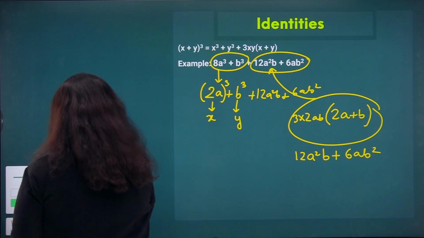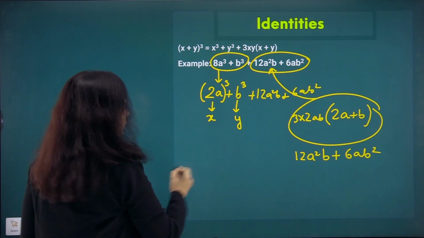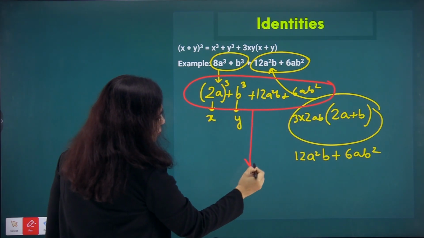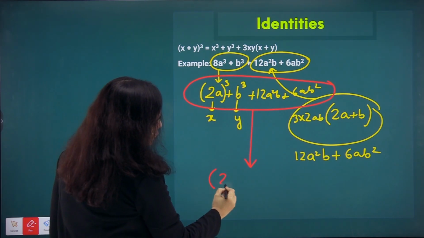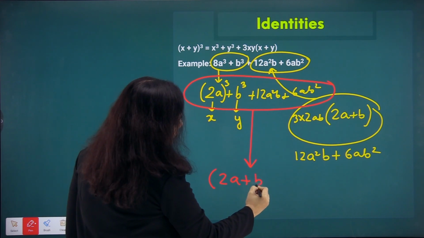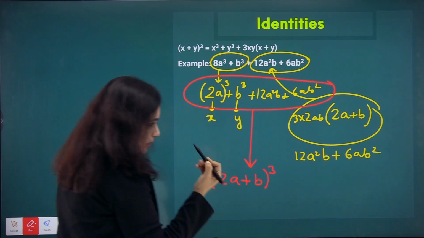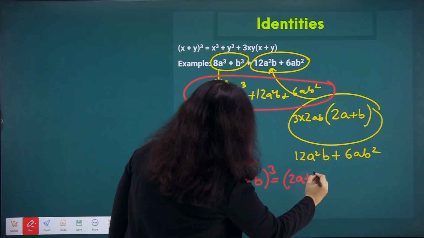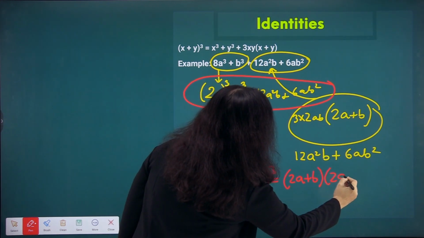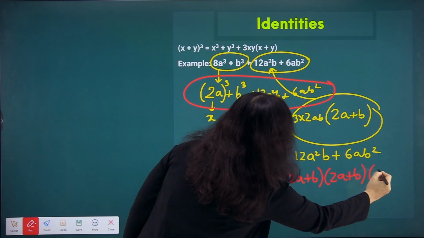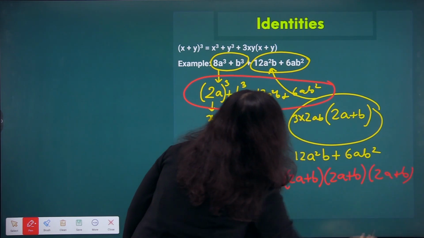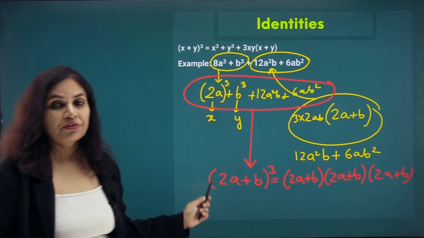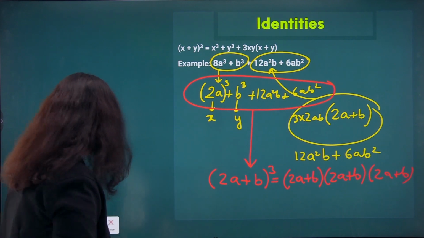So, this entire thing can be written in the form of a single identity 2a plus b whole cube. Again, if I write it as factors, I will write 2a plus b into 2a plus b into 2a plus b. So, this polynomial has 3 equal factors, 3 equal zeros.